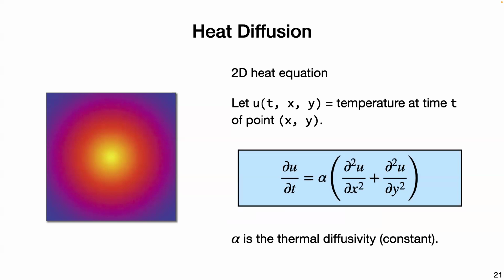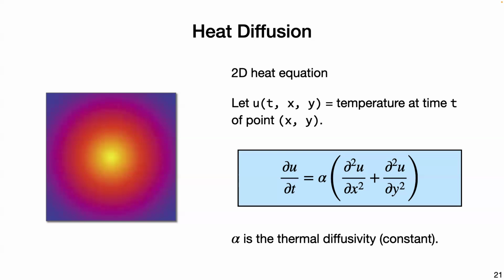So if you think of it, the initial spatial grid is 2D, and then over time you have a third dimension, and you have this function u(t, x, y), which is the temperature at time t at a point x, y, and you want to write some code to solve this equation. In math, you can take derivatives, and we want to write some efficient code to simulate this kind of thing.